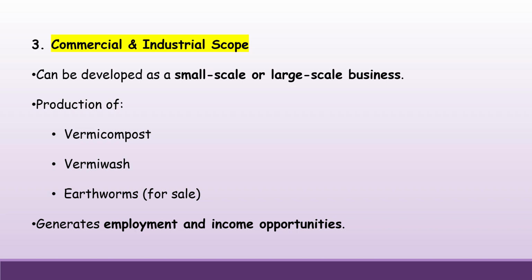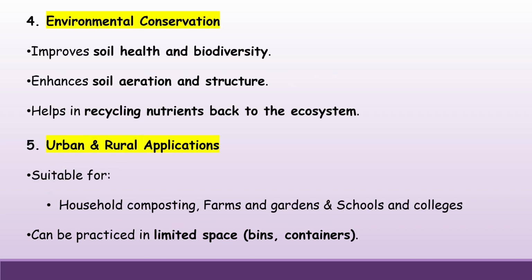Vermiwash is also one more byproduct generated with the help of this technique, and even the earthworms we use to convert that waste into vermicompost. So all these are involved at the commercial level, where money can be generated at a very small scale as well as at a large-scale business.